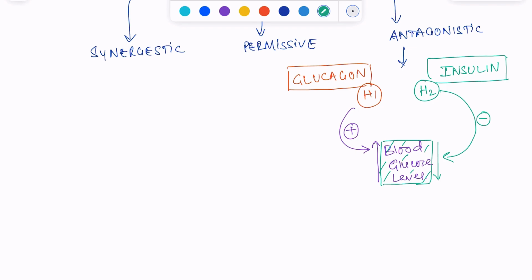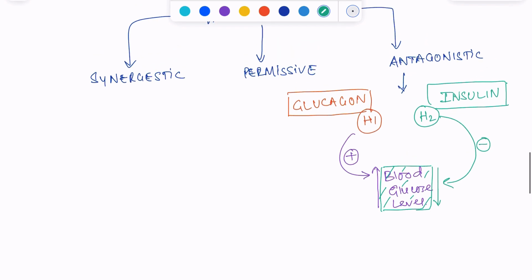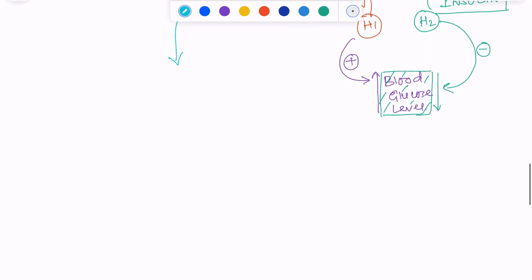The next effect we'll discuss is the permissive effect. The antagonistic effect, I think, is all clear. Now let's deep dive into the permissive effect. Let's say again we have hormone 1 and hormone 2, H2, and there is an effect on some organ.